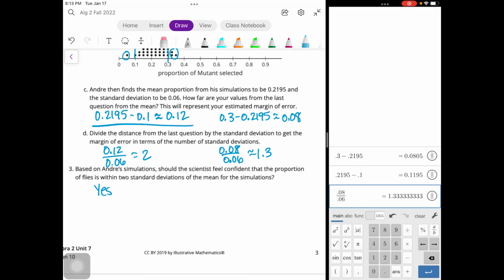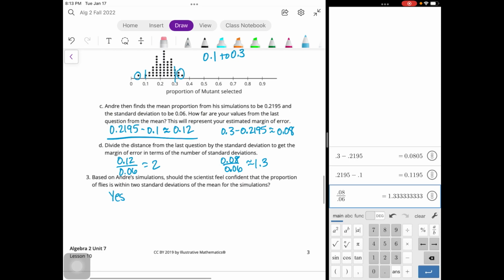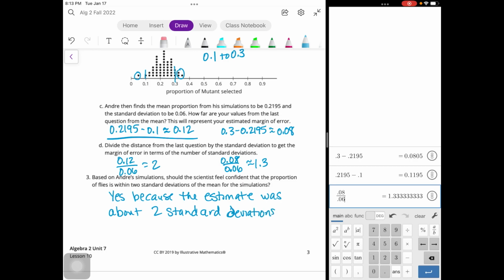So the scientists should feel pretty confident, because the estimates were within about 2 standard deviations. That's a D.